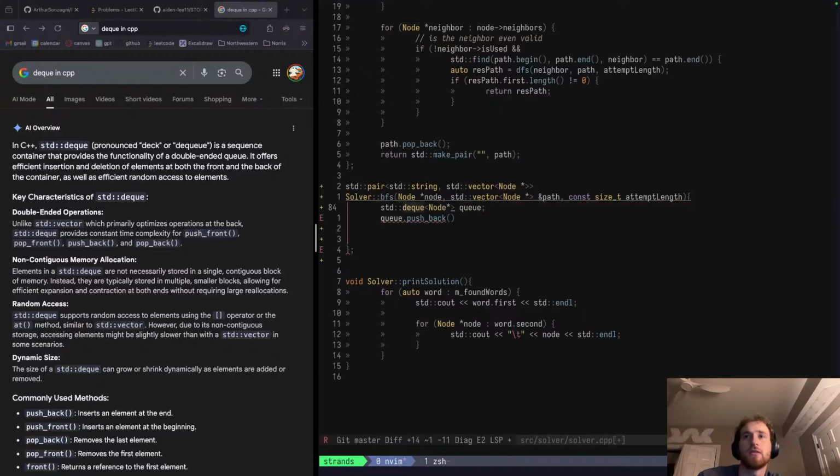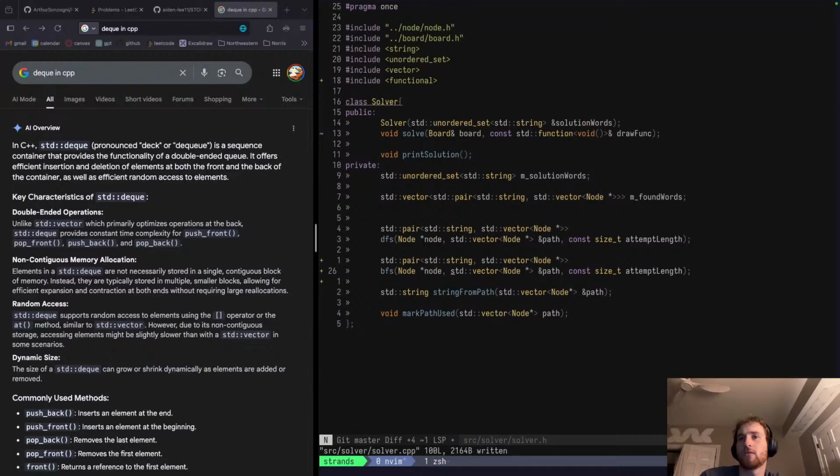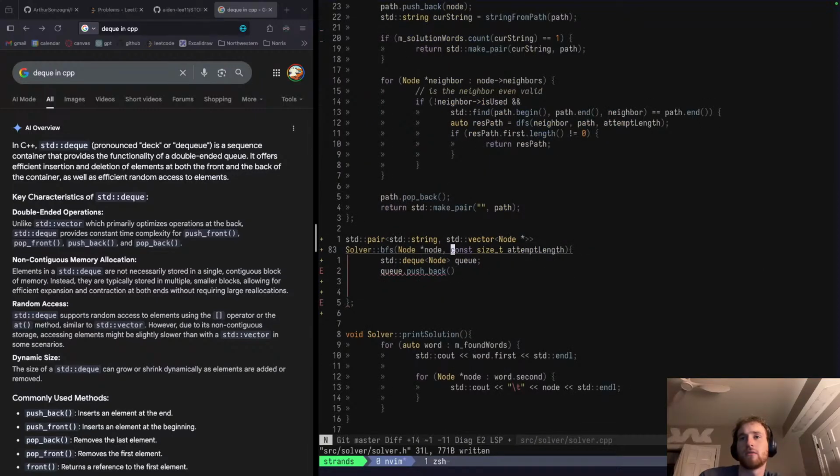Or no. Maybe we don't need a path, we just need one node. I haven't implemented BFS in so long.